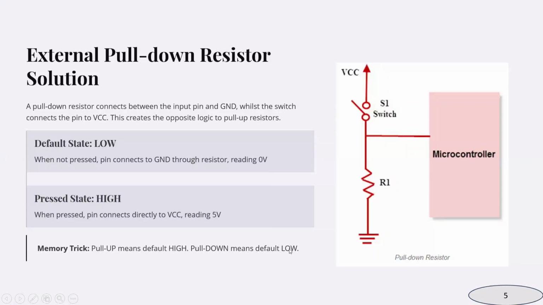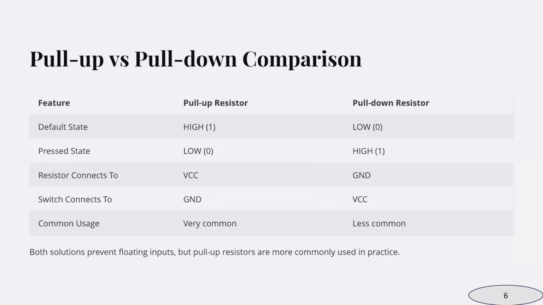Now let's check the comparison between pull up and pull down resistor. In pull-up resistor, the default state is high, and in pull-down resistor, the default state is low. In pull-up resistor, the pressed state is low, and in pull-down resistor, the pressed state is high.